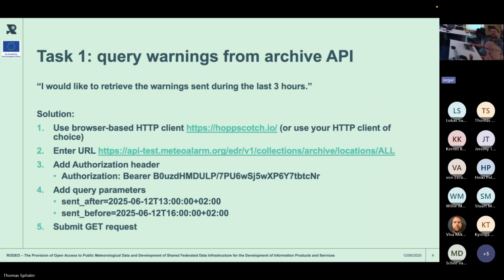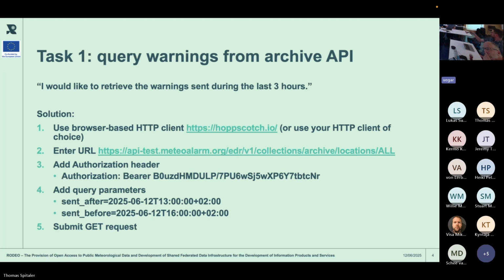So, task number 1. I would like to retrieve the warnings sent during the last 3 hours. We'll use the MeteoGate API for this. You can use any HTTP client you'd like, but we found one that's easy to use online without registration. So let's use that one.